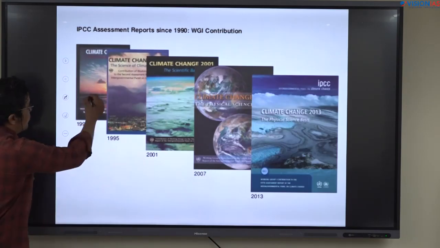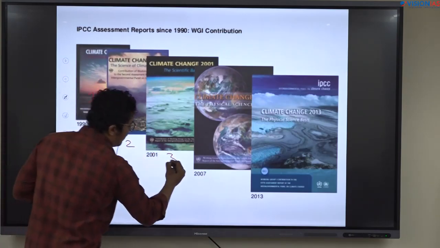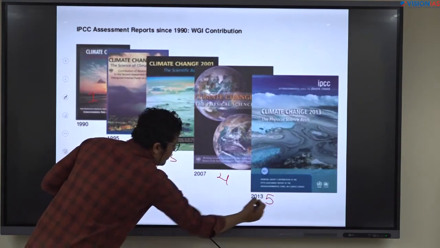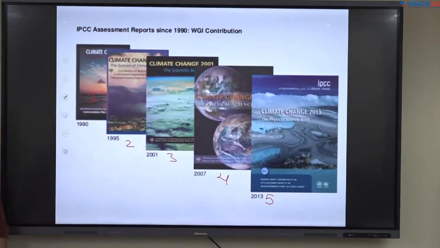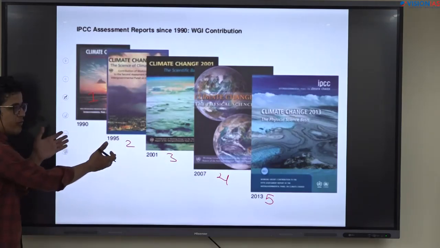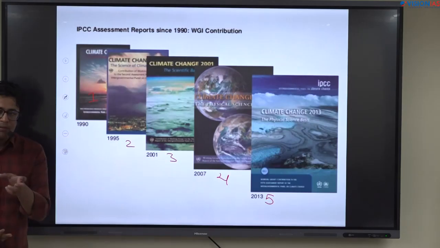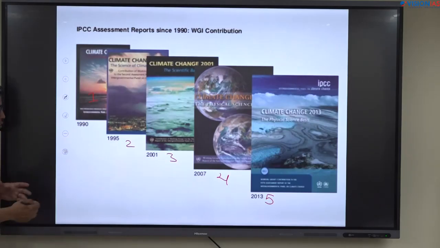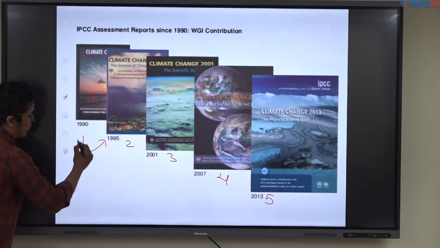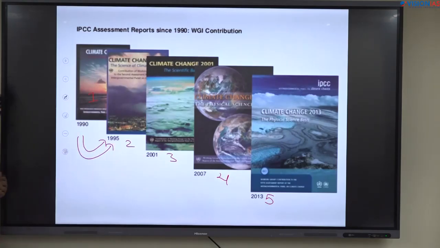You can see this is report number 1, 2, 3, 4, 5. See the gap between these reports. It is not that they are deliberately taking this time. They are conducting research at least for 5 years. So the minimum gap between their reports is 5 years. So you can understand how much effort they are putting. They are conducting their studies at least for 5 years.